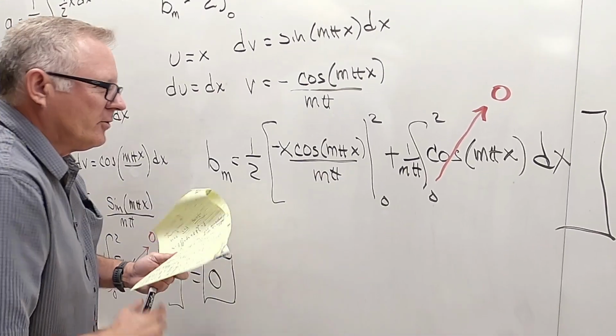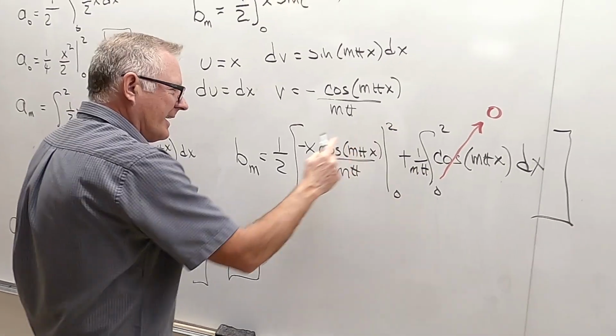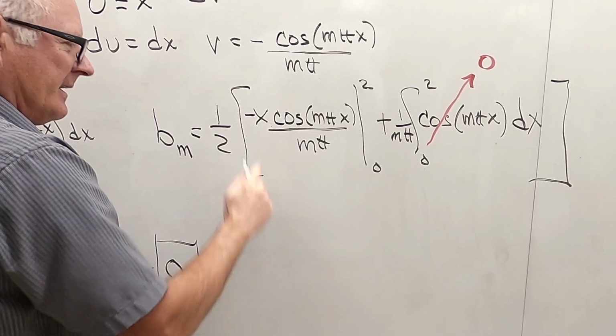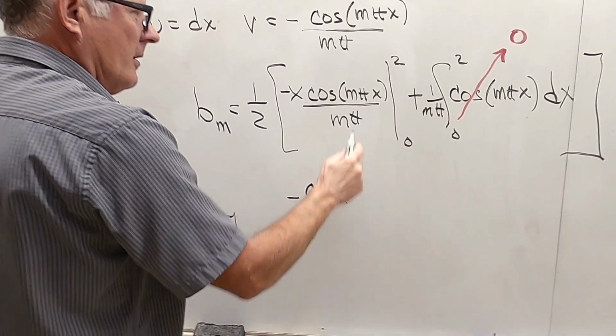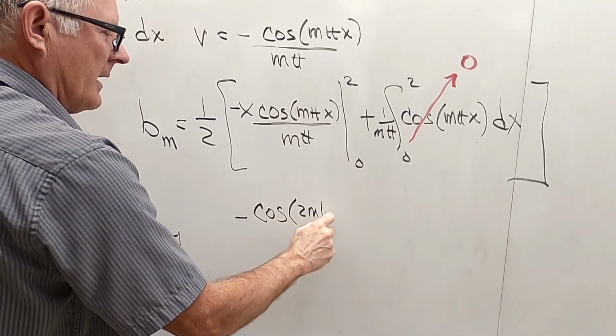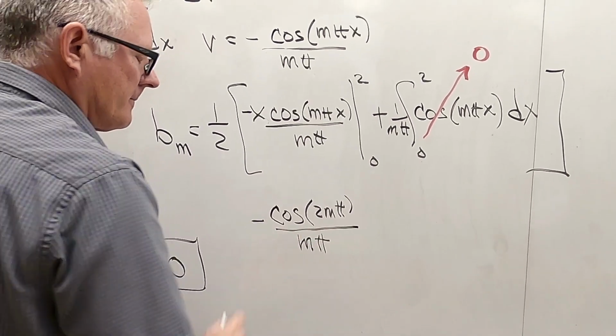But now all we have to do is plug in 2 right here. Well, when you plug in, the 2's drop out. So we get a minus cosine. We're plugging in 2m pi all over m pi.